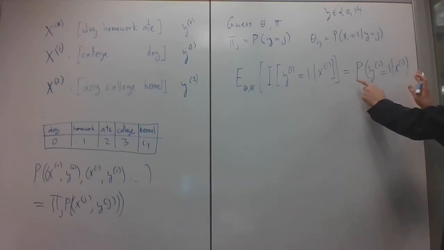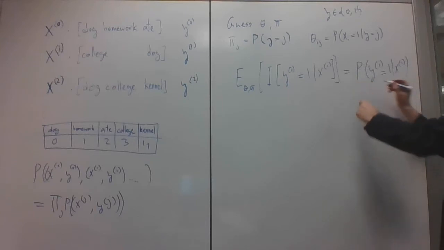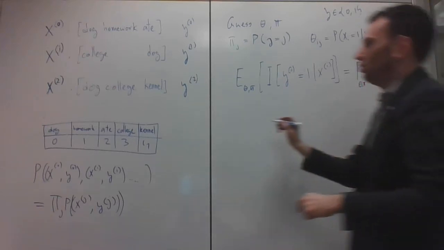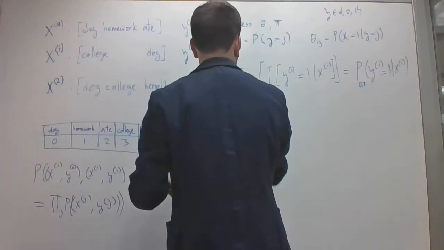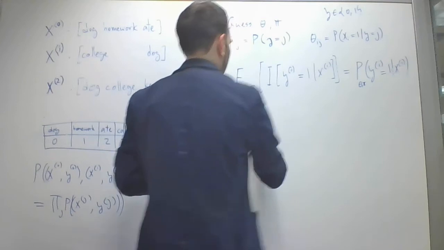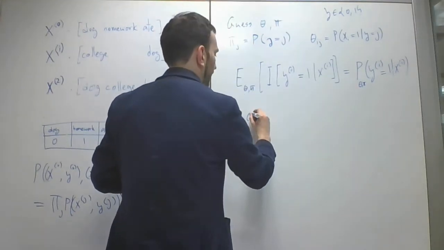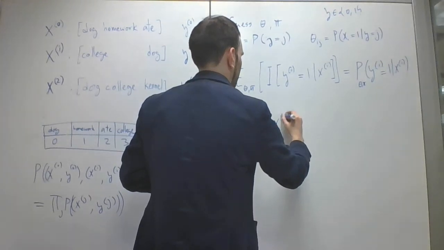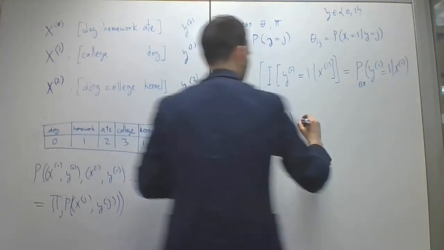Now, once you know this, this thing you can actually compute, right? How do you compute that? Well, the probability under theta and pi that yi is equal to 1 given xi, just use Bayes' rule.